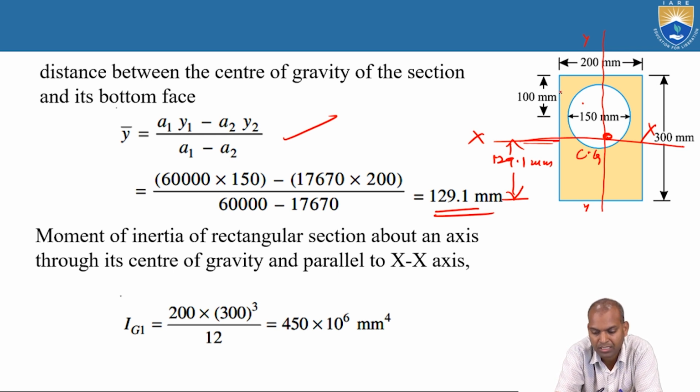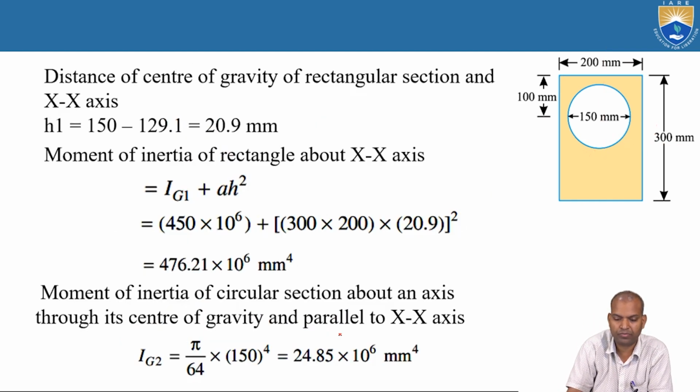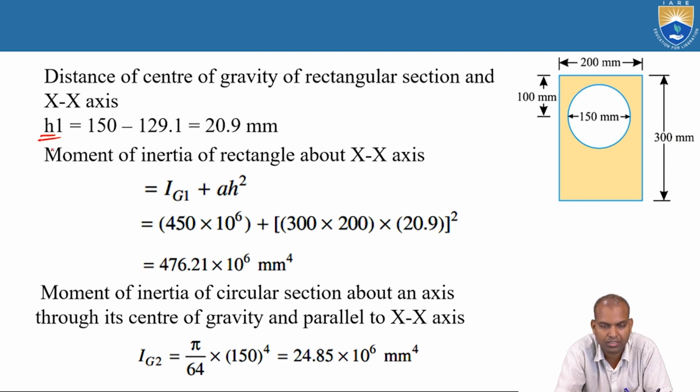First, rectangular section 1: Ig1 equal to bd cube by 12, where b is 200 and d is 300, cube by 12, that is 450 times 10 power 6 millimeter power 4. What about h1? It is the distance between the two centers of gravity, the rectangular section's and the total section's, that is 150 minus 129.1.